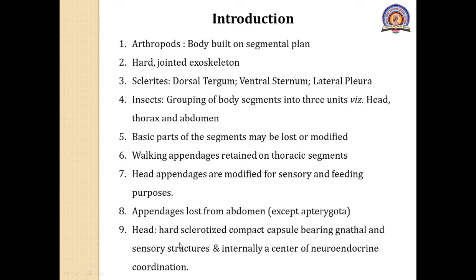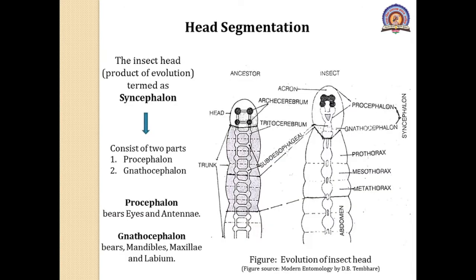And if you see, the head is internally a major center of neuroendocrine coordination. So this is just the introduction to the characteristics of the insects. So let's see the head segmentation.